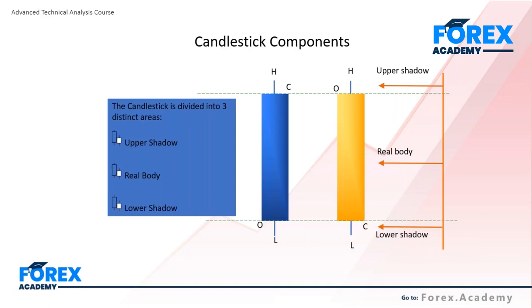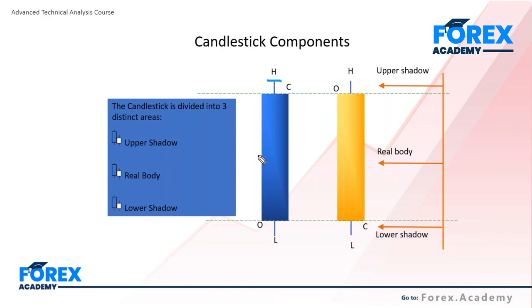So, just to extend the discussion a little further, we can see that a candlestick is made up of four price inputs: the open, high, low, and close. The candlestick is then also divided into three distinct areas. What we have is the upper shadow, which reflects the high of the day.